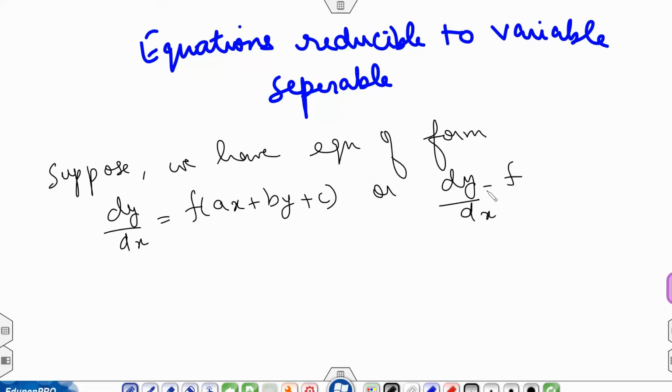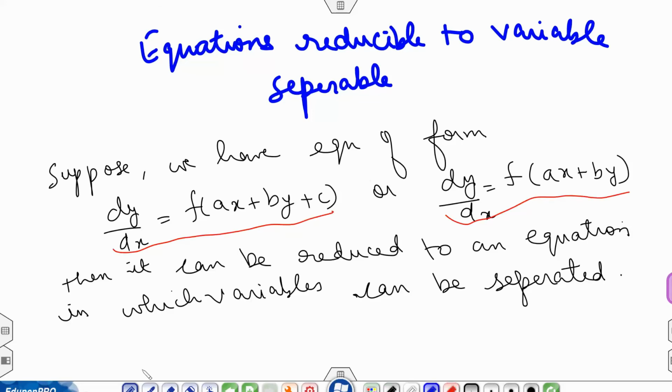Suppose that you are having a differential equation of this form, either this or this. So what we can do, we can reduce it to an equation in which variables can be separated. So for this purpose what we do, we take a substitution.